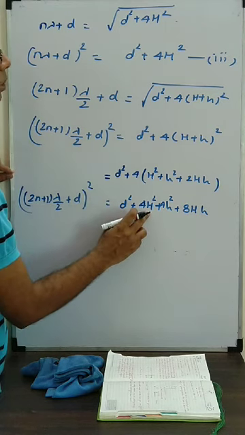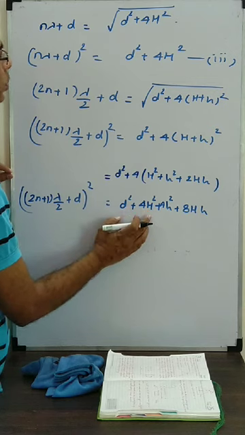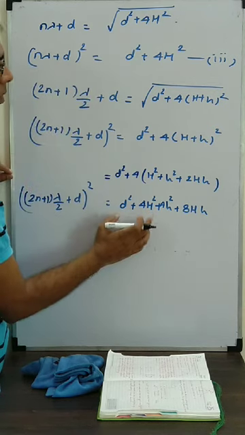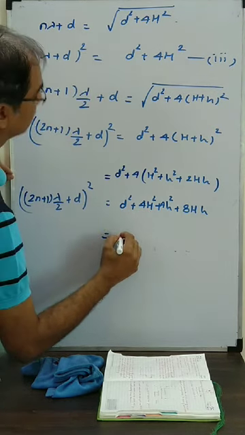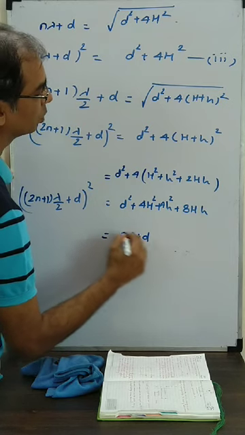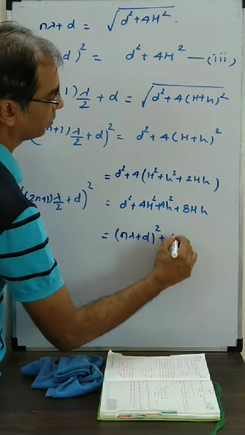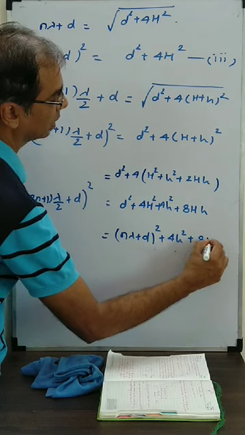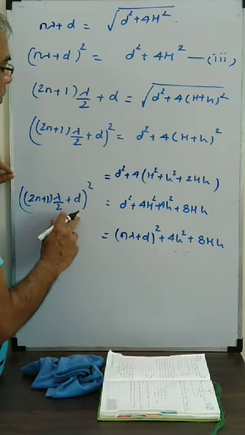Now d square plus 4h square is here. What we can put? This we can put over here, that is (n lambda plus d) whole square plus 4h square plus 8h into h. Square this also now.